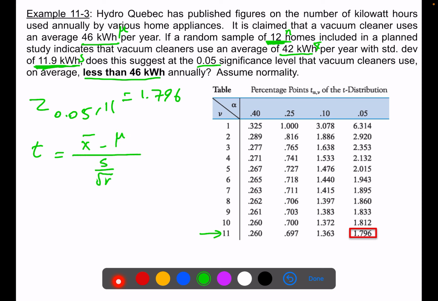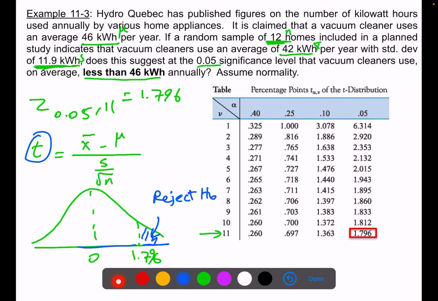So this is 0, this is 1.796. If I'm here, I reject. So all I have to do is find out where this t is. Is it here or is it here?